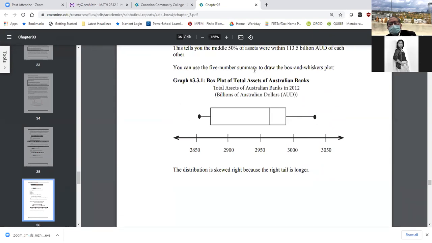So this is the plot of the total assets of Australian banks in 2012. You can see the distribution is skewed right because the right tail is longer.